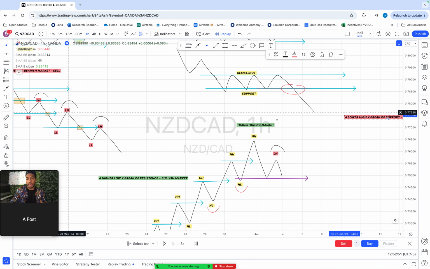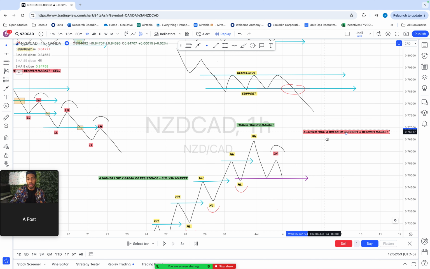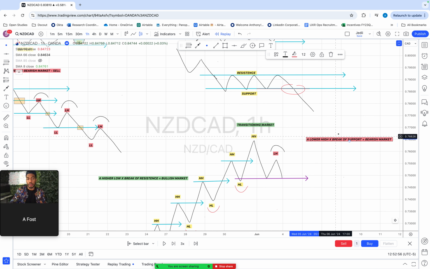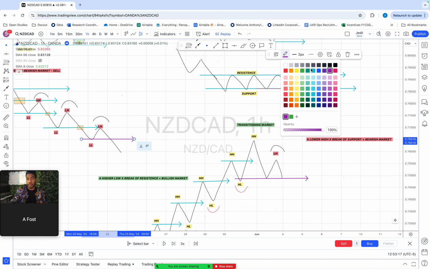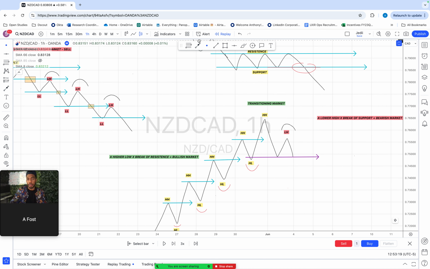And a lower high times the break of support, a lower low, lower high, times a break of support, bearish market. So that's a little tip you can write down, okay?